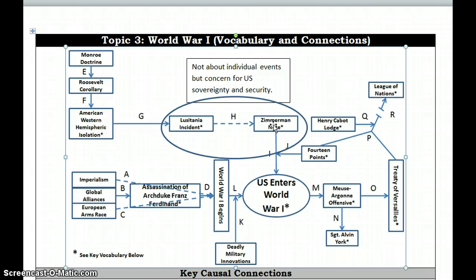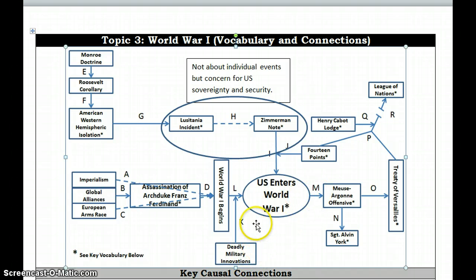And so one of the things that we want to remember when we think about the reasons that the United States enters, it's not just because a boat sinks, and it's not just because a note is sent. It is because, and see this box here, because we are concerned with our sovereignty, our right to decide what's happening to our citizens, our territories, and the potential threat to our actual nation.